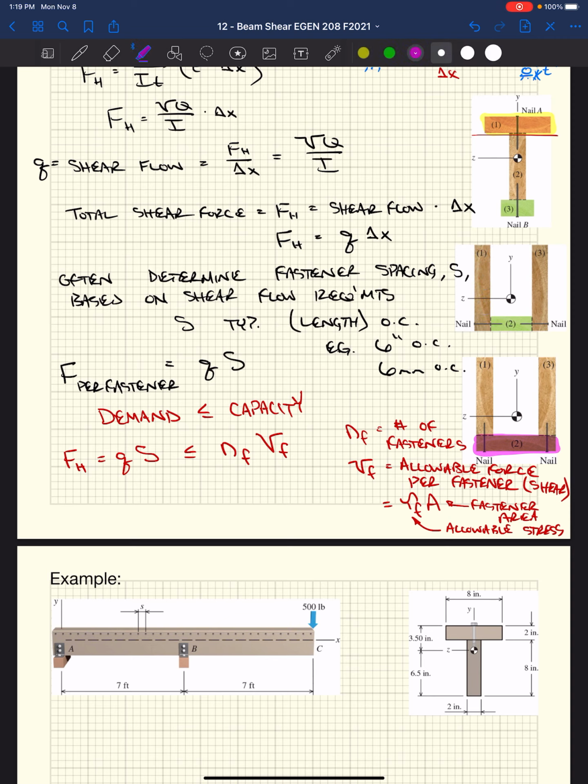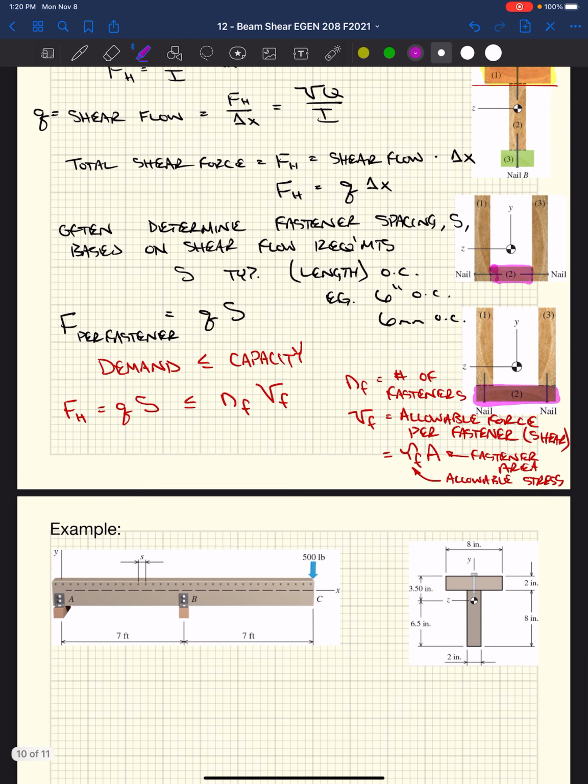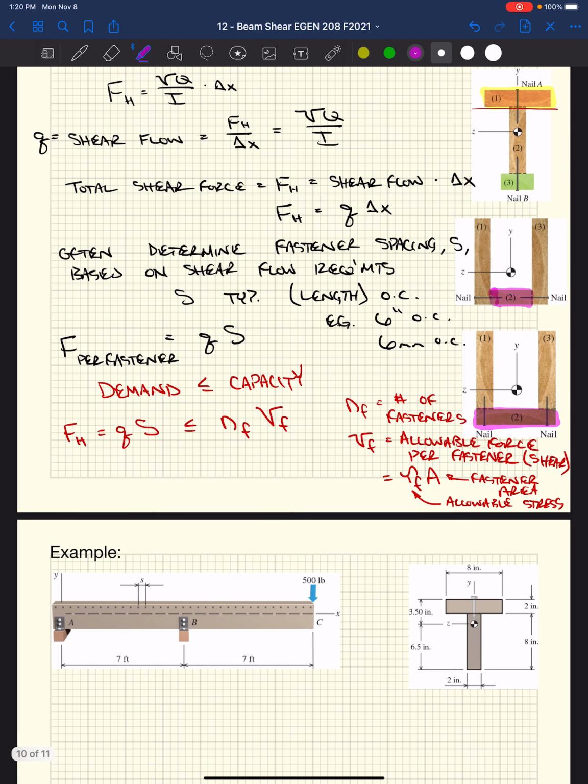This should be this. Okay. So lowercase q is the shear flow. Capital Q is the first moment of the area. That's our YA, or summation YA if you split it up into multiple segments.